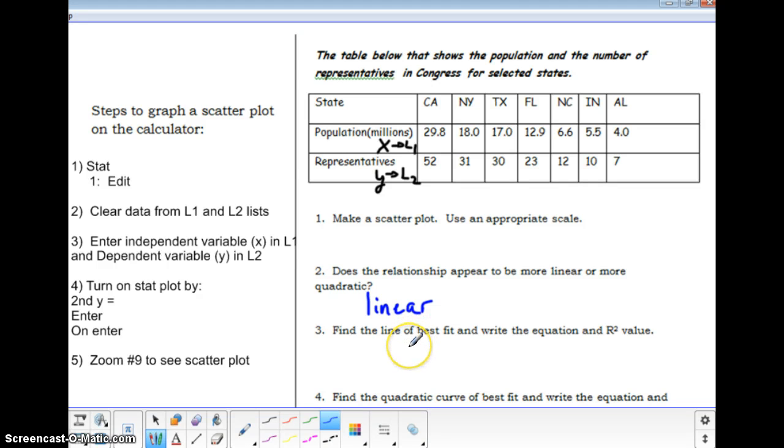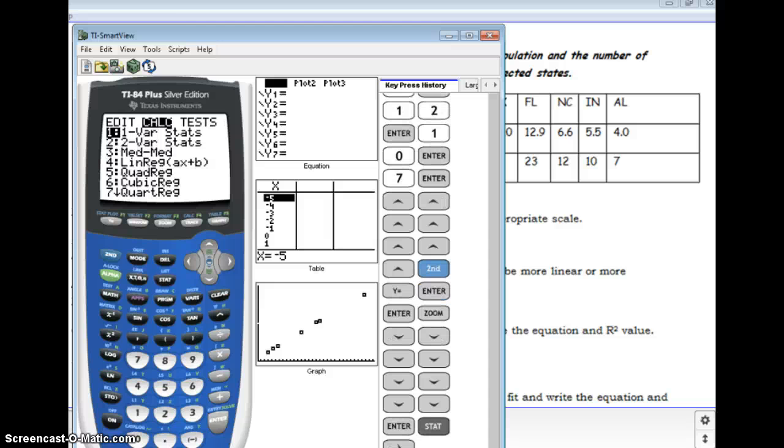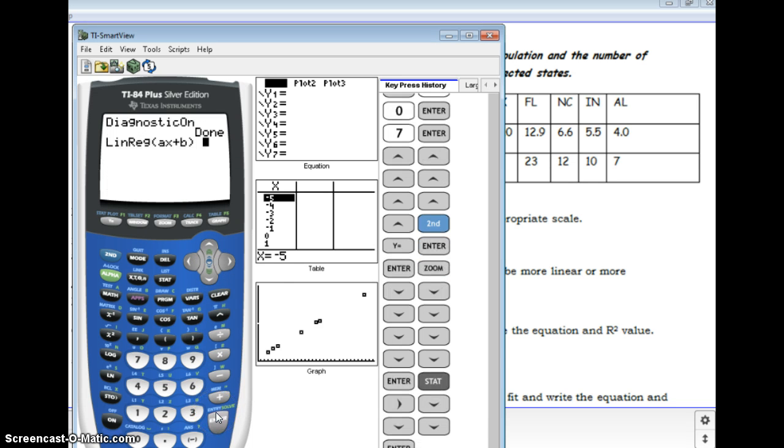Then we want to find the line of best fit and write the r-squared value. We do that by hitting stat, go over to calculate, and then number 4 for linear regression. Now it brings up your equation of your line.